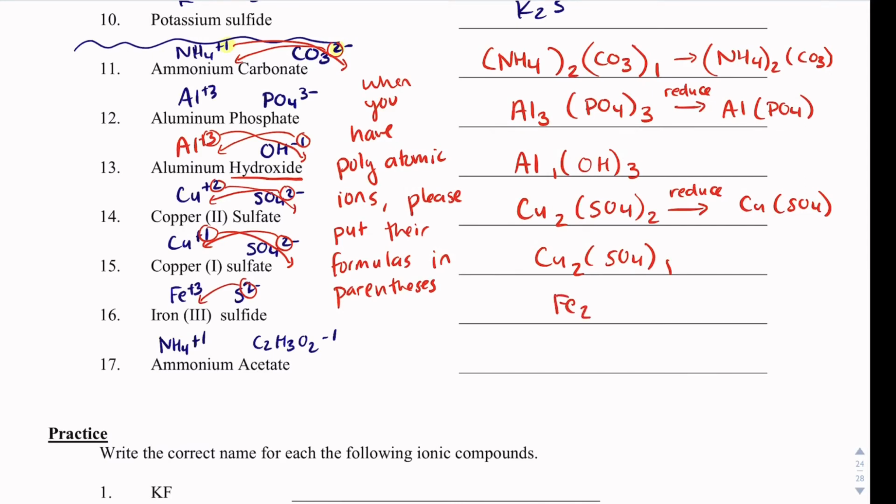On 16, we only have ions from the periodic table, so we don't have any polyatomic ions, meaning I'm not going to need to use any parentheses.